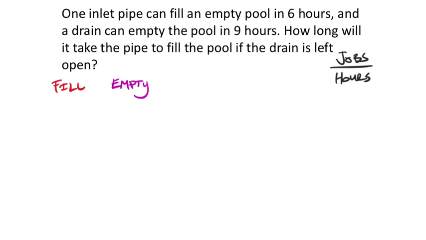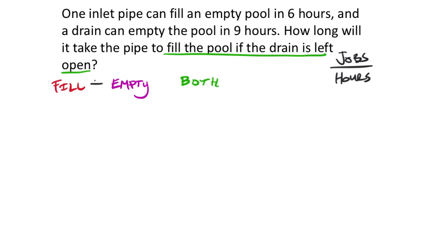So in filling and emptying the pool, the other thing we'll need to notice is that it's saying how long will it take the pipe to fill the pool, but while the drain is open. So that means we're looking at filling while also being emptied, both of those, okay?